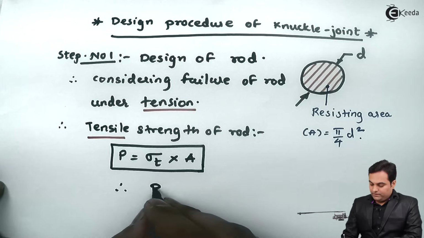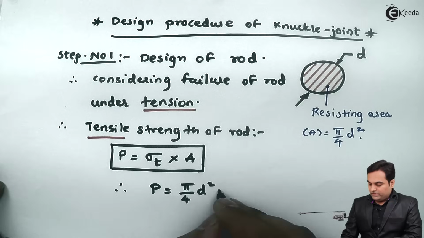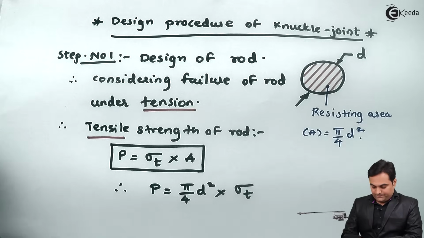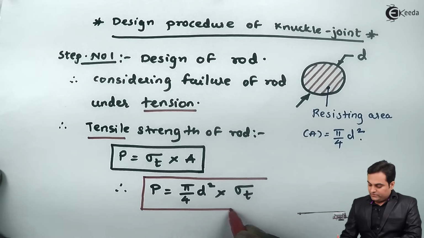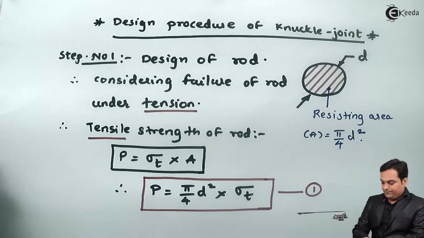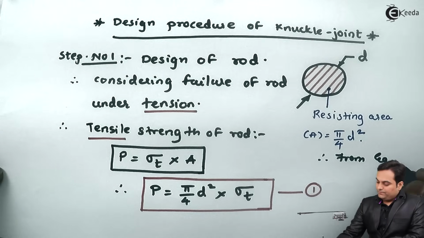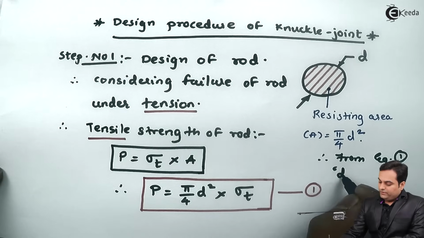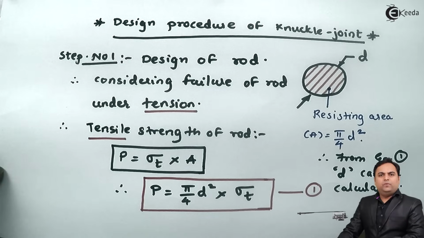So therefore P is equal to area, pi by 4 d square, multiplied by sigma t. So I'll call this equation number 1, and therefore from equation 1, d, that is the diameter of this rod, can be calculated. Now this completes step number 1.